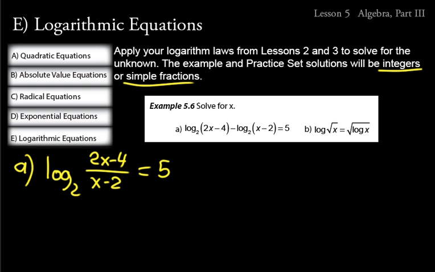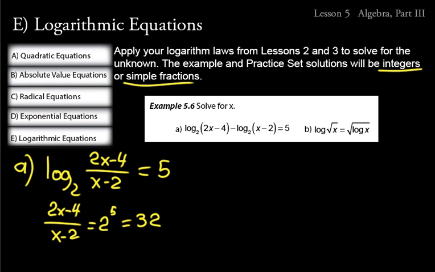And then apply just fundamental logarithm rules, log base b of n equals L, and we'd have 2x minus 4 over x minus 2 is equal to 2 to the 5th, which equals 32. And so now just simplify that, solve for x.